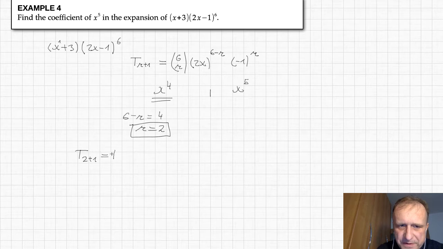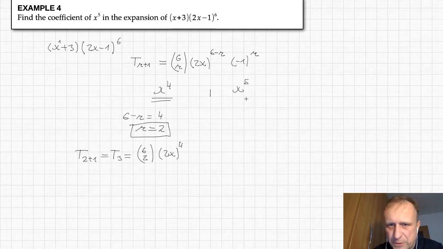Okay, so it's the third term. And the third term has the expression 6 choose 2 times 2x to the power of, as we said, 6 minus 2, which is 4, times minus 1 raised to the power of 2. Minus 1 raised to the power of 2, since 2 is an even number, is just 1. So this would be the third term.